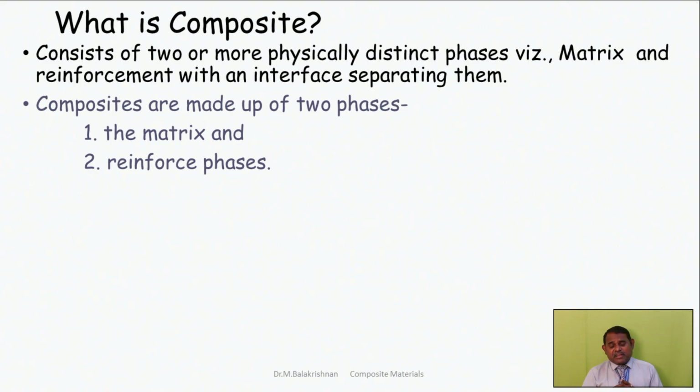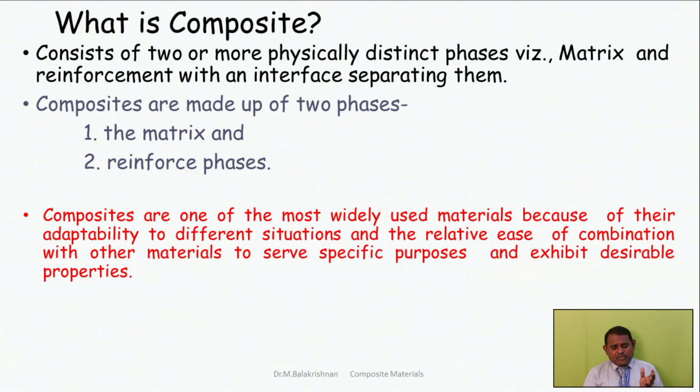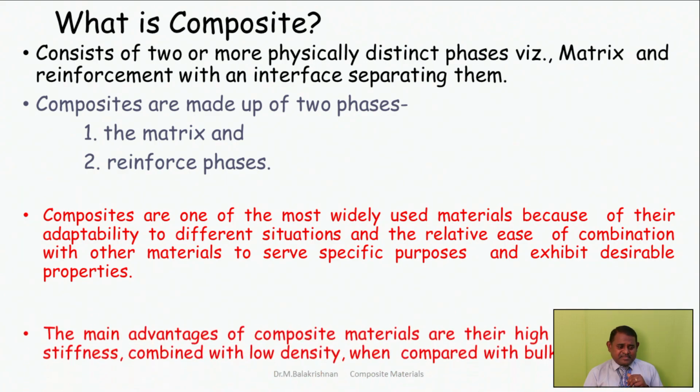Composites are made up of two phases, the matrix and reinforcement phase, and there is a separating phase called the interface. Composites are one of the most widely used materials because of their adaptability to different situations and the relative ease of combination with other materials to serve specific purposes and exhibit desirable properties.